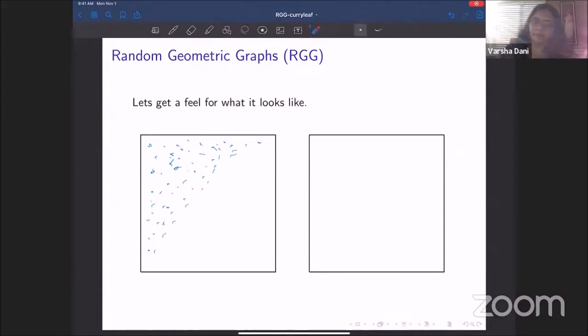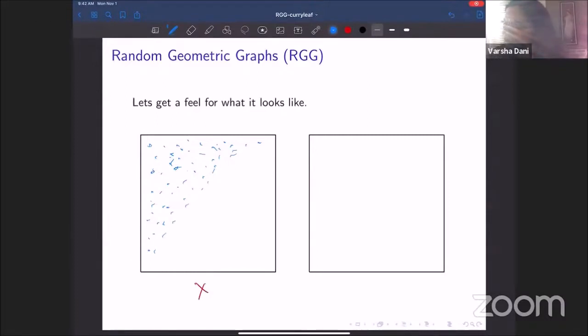So for small n, it could happen that they all go to one side, but by the law of large numbers, once I've got a really large number of points in there, it's highly, highly unlikely that they would all go to one side like that. So this is not what it looks like.